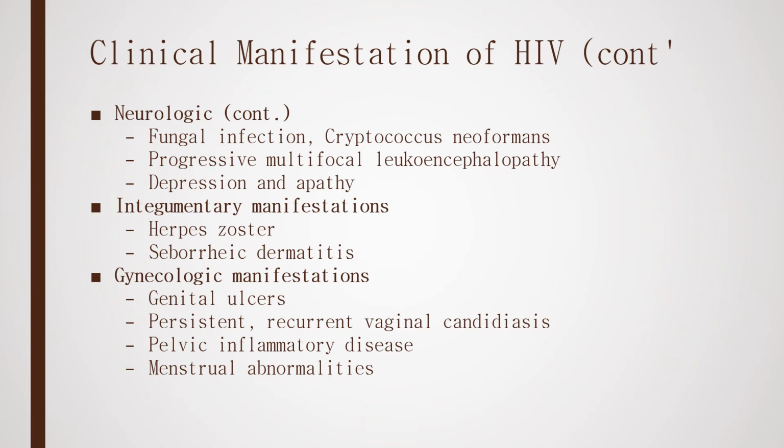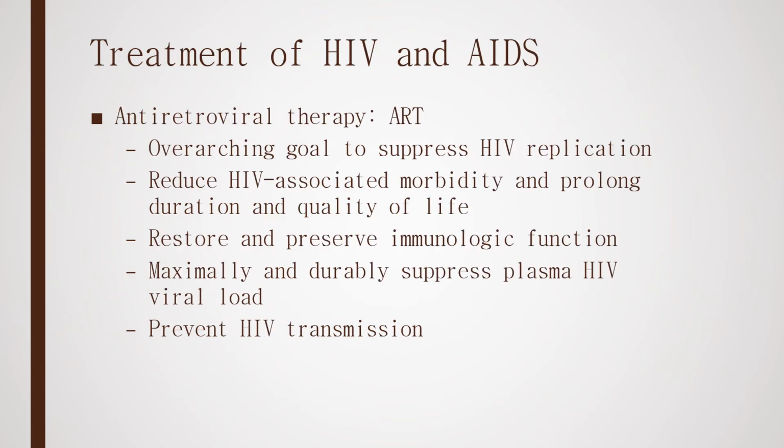Very good. Let's go to the treatment of HIV and AIDS. Basically, the medication of choice is antiretroviral therapy, or ART, and the overarching goal is to suppress HIV replication. So there is no cure.